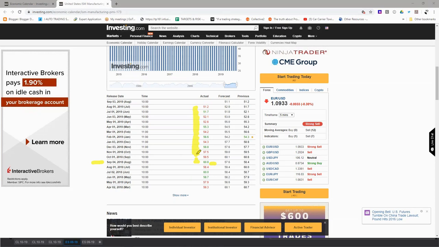And so we need to see a reversal of that, going back to 52 at least, getting back through the ones entirely and getting into 52, 53, coming back towards that 60 again for that second leg up on momentum. So it's all going to hinge on this ISM manufacturing report.